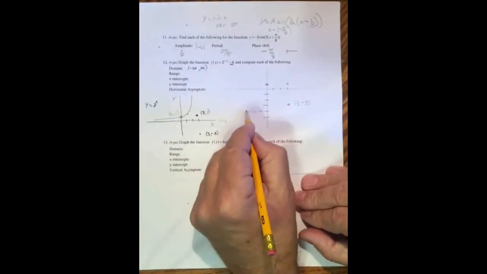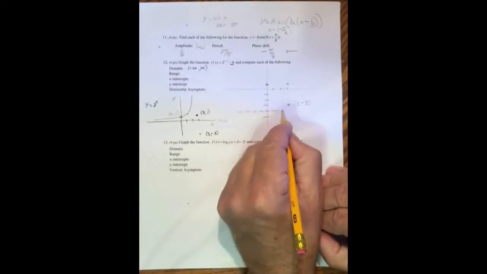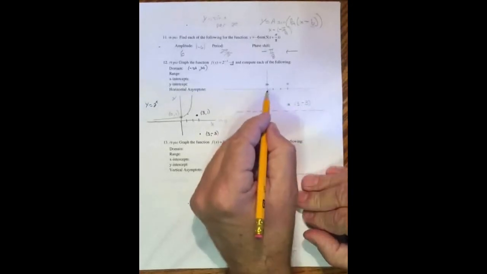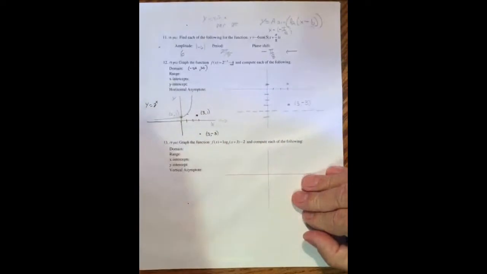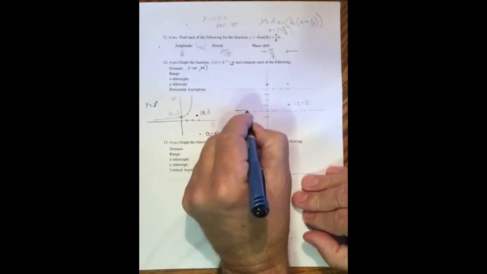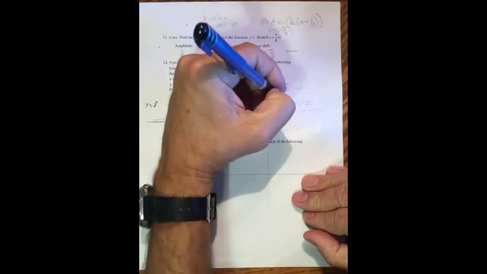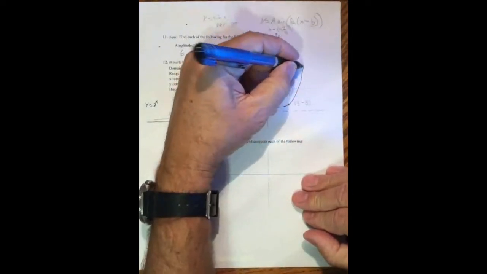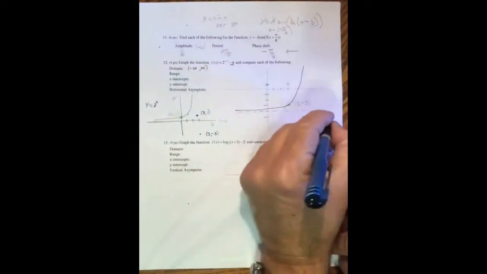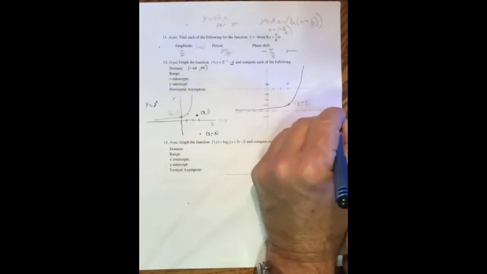So the boundary line, the horizontal asymptote, is going to be shifted 1, 2, 3, 4 down. So this thing is going to look like this. That's the shape it's going to have. So the range, now this is y equals minus 4.